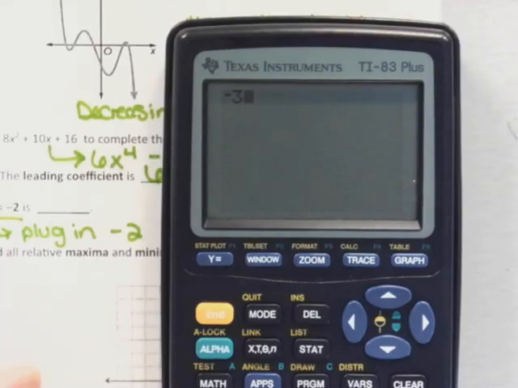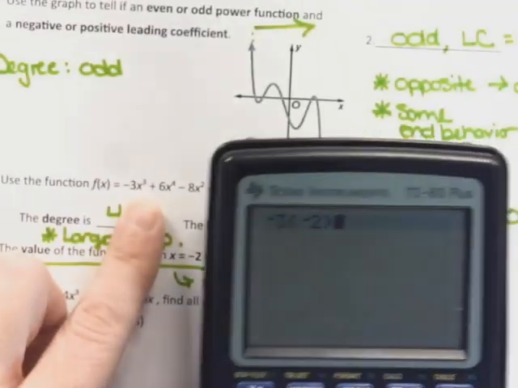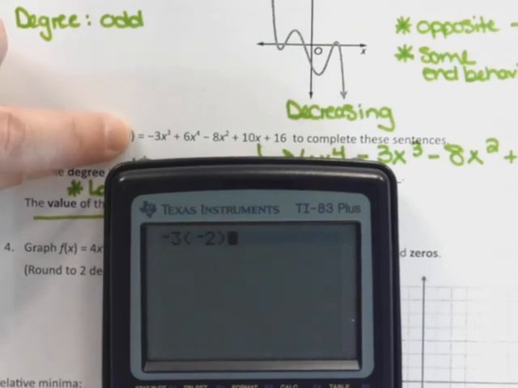Negative 3. Where I'm plugging in the negative 2, I always want to plug it in a parenthesis house. So negative 2, I'm going back to the beginning, by the way. I'm using the original. So I plugged in my negative 2, and that's to the 3rd power.